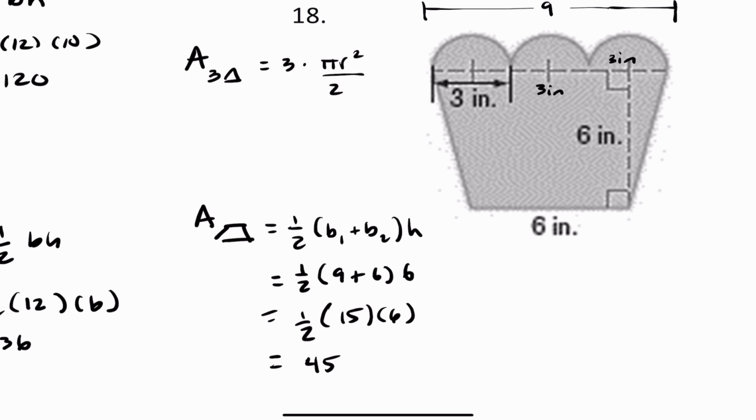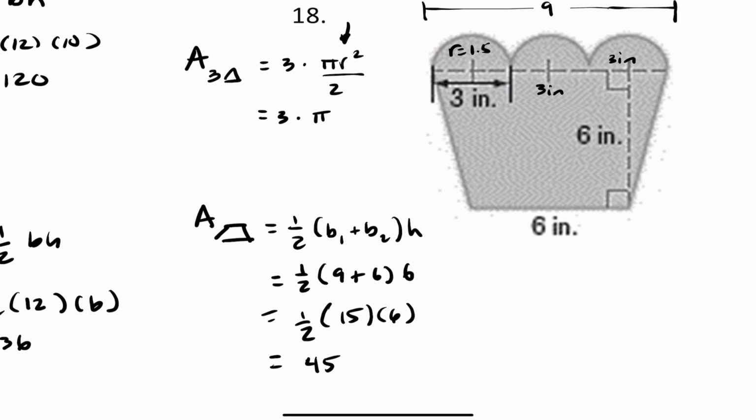And then trying to figure out the area of, let's say, 1 semicircle. And then I need to multiply that by 3 because there are 3 semicircles in total, right? So 3 times pi. The radius is not 3, right? It's from the center to the circle, or to the semicircle. So our radius is actually 1.5.